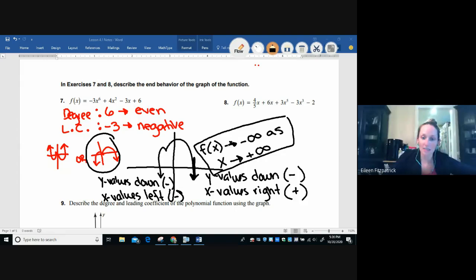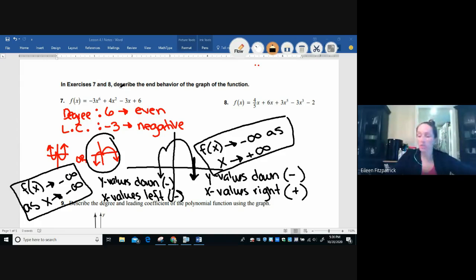So how do I translate that into this notation? We say f of x is approaching, they're moving down, so negative infinity, as the x values are moving to the left, which means they're approaching negative infinity as well. So this is how you describe the end behavior for the function over here.